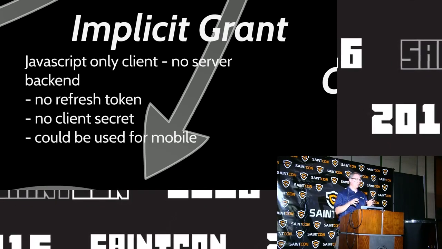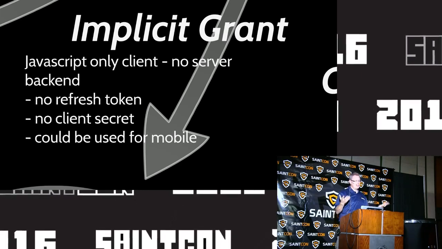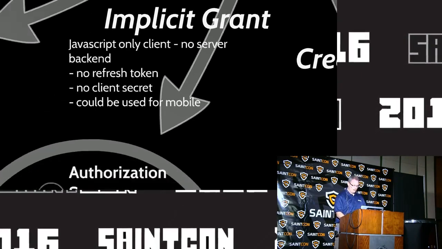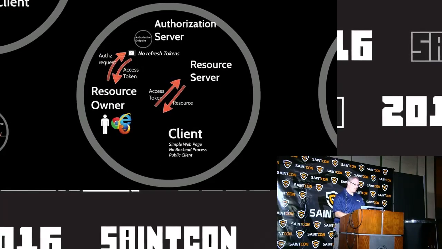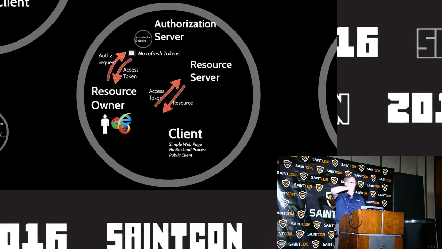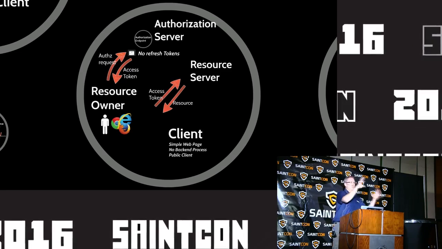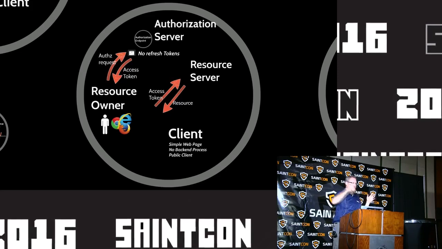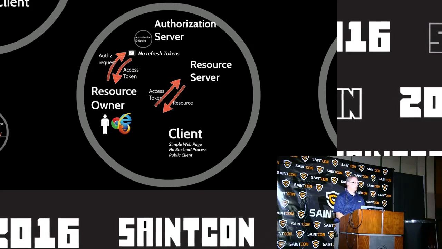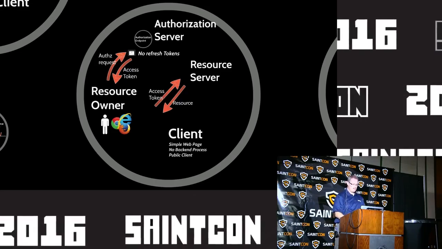So this is a flow for public type clients, which is nice. So the big change is in that authorization request, instead of getting that code back, you just get an access token back directly. And then the JavaScript inside the browser can go straight to the resource server. And then you don't even need a backend server in this flow.